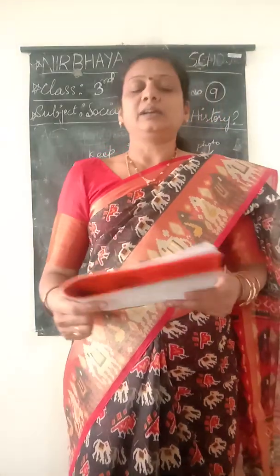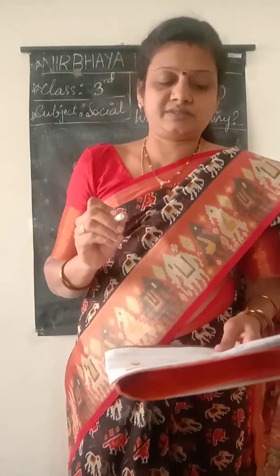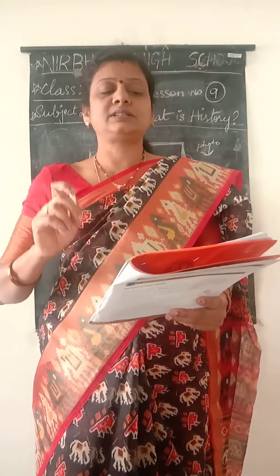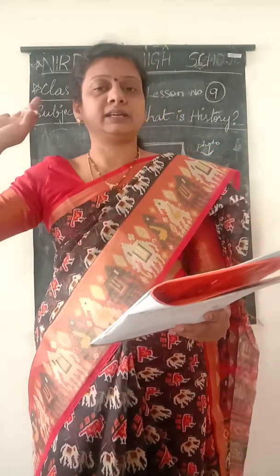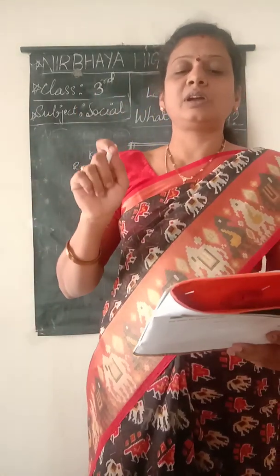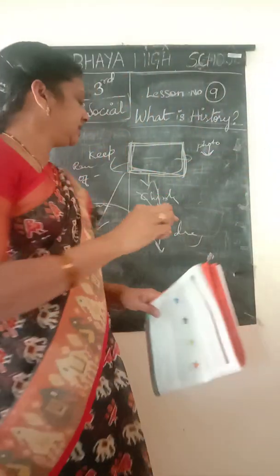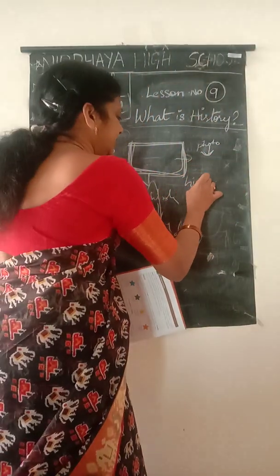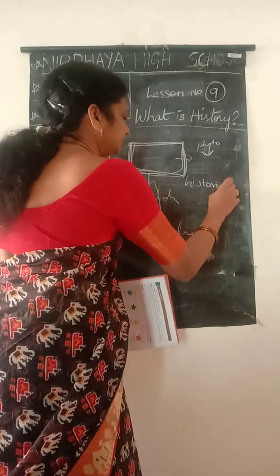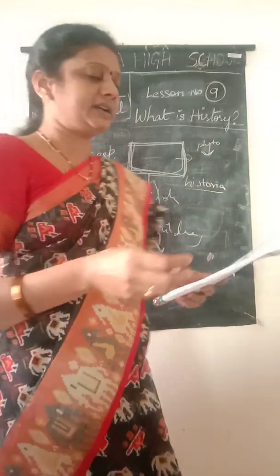First, what is history? The word past refers to the time that has gone by. It is the time before. Now the word history comes from the Greek word Historia.